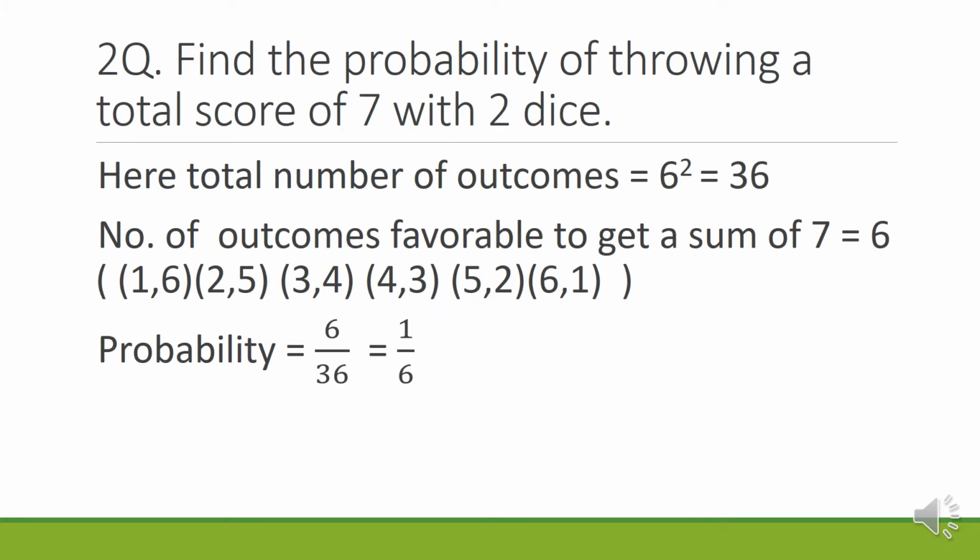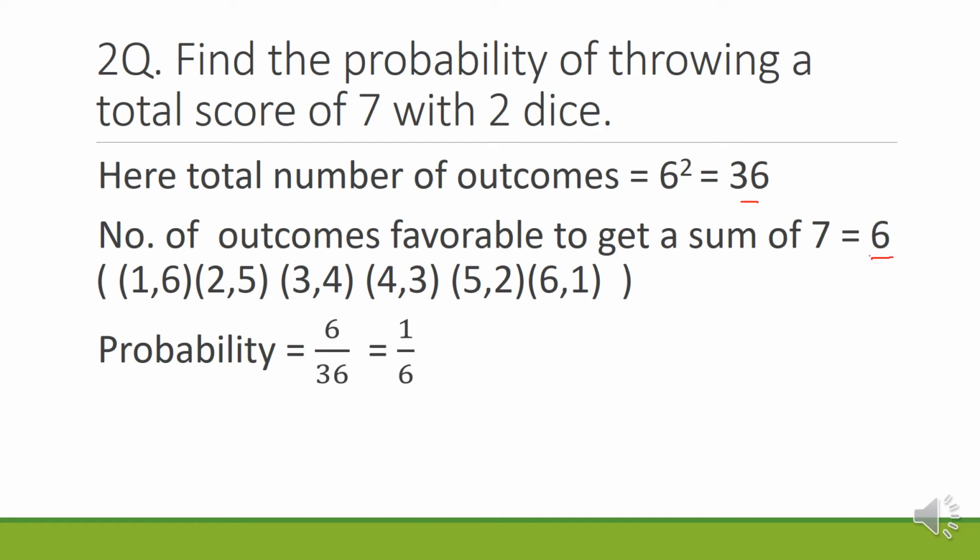Here, find the probability of throwing a total score of 7 with 2 dice. First of all we have to find the total number of outcomes. Here 2 dice are thrown, so the total number of outcomes will be 6 power 2, that is equal to 36, and the number of outcomes favorable to get a sum of 7 is 6.